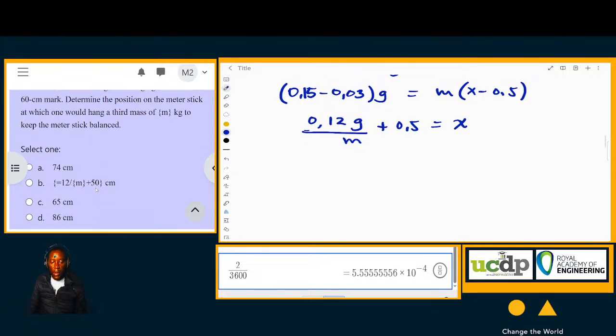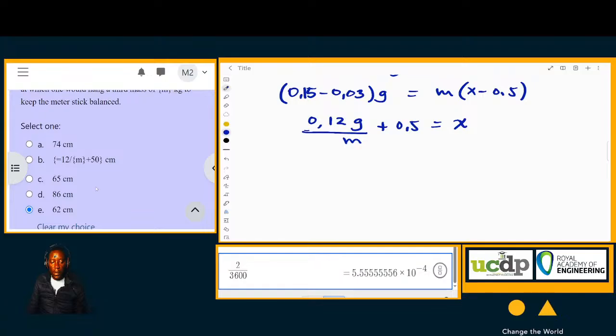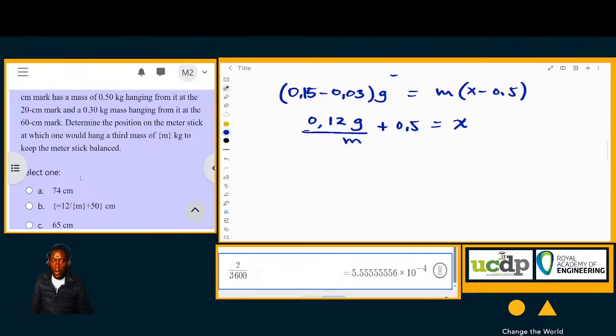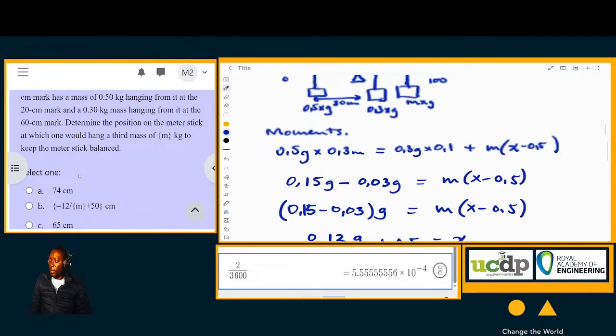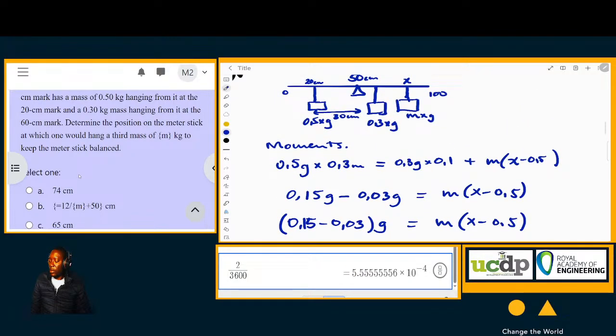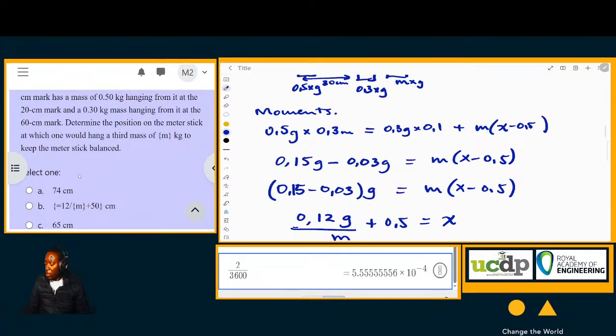So here, what do we have? 12 over m plus 50, so it's in centimeters. What happened to the g? This is mg, so the g goes away.